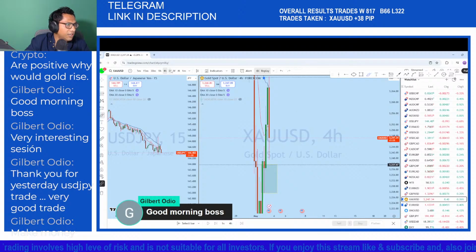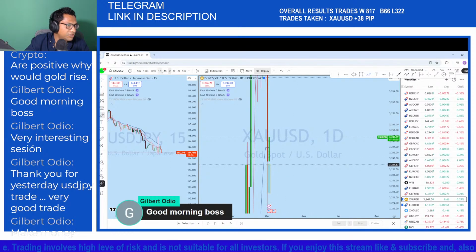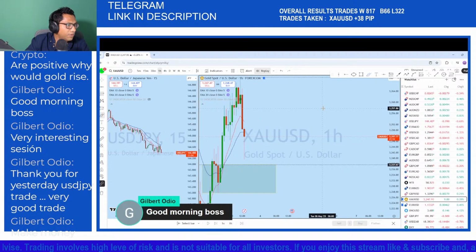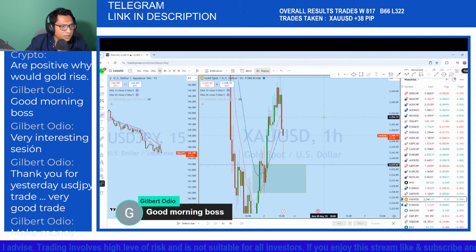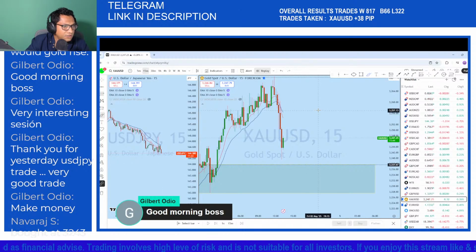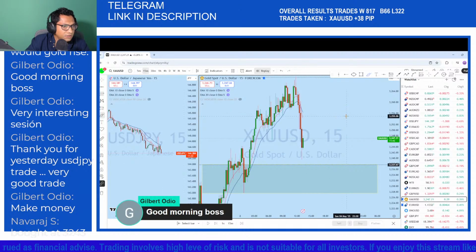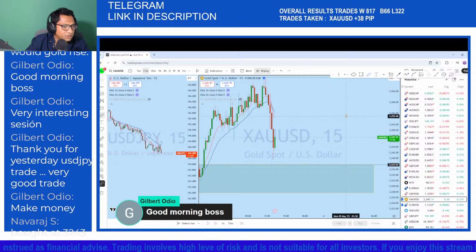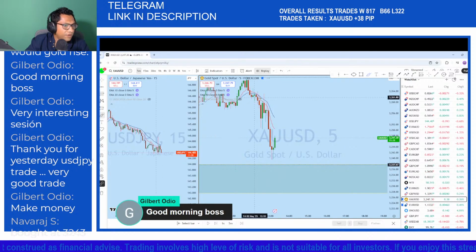From the daily level, it's getting a reaction here. From the 1 hour, it's moving back to the upside here. 15 minutes. Five minutes.